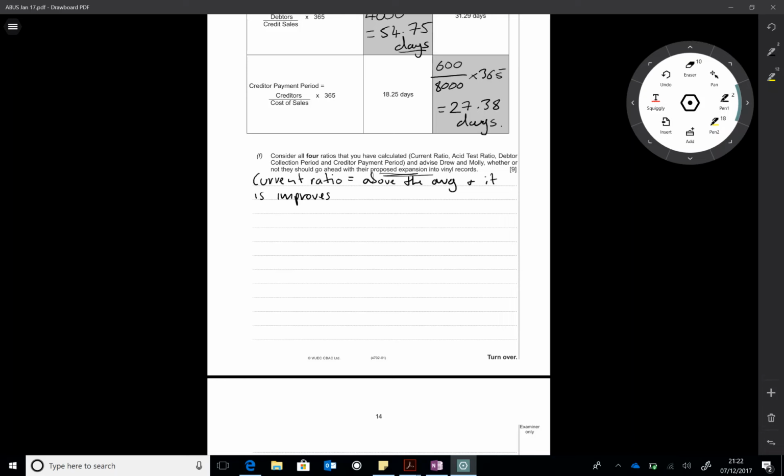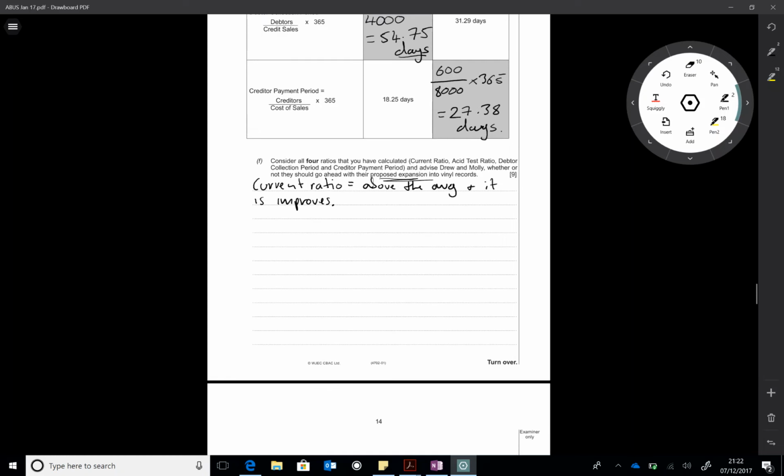You should also say that because it is 3 to 1, that is extremely high. Okay, and therefore you've got £3 of assets to cover every £1 of liabilities, and you should look to invest some of this money.